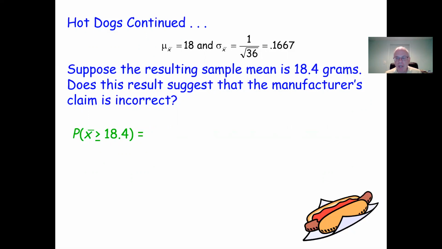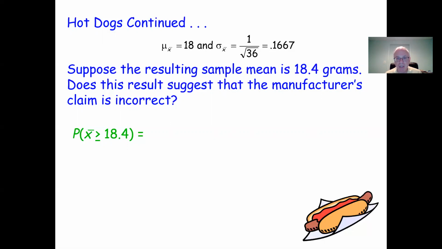If the manufacturer assumes that there's 18 grams of fat in the hot dogs, and you get into your sample 18.4 grams, and we're assuming that 18 is the population parameter, if there's a strong probability that X bar is greater than 18.4, assuming that the population mean is 18, then the manufacturer is good.